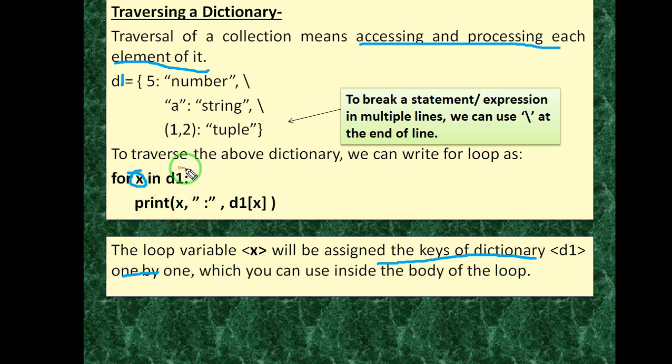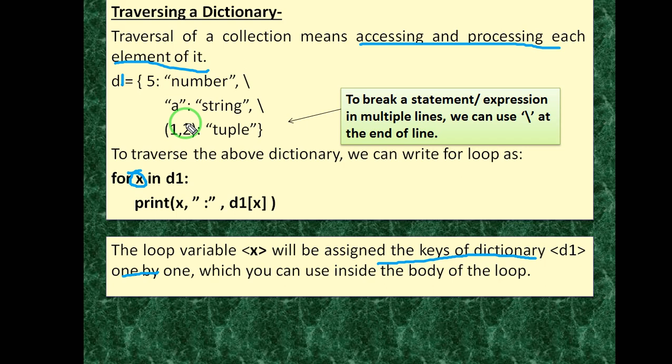But the order of their assignment can be different. First this one can be assigned, then this can be assigned, then the fifth can be assigned. It is not necessary that the elements or the keys will be assigned in the same order in which you created the dictionary, because the dictionary is unordered. As I have already told you in the starting, dictionaries are unordered collections.